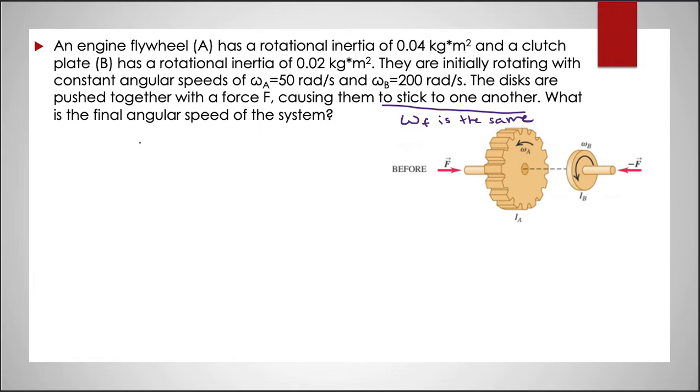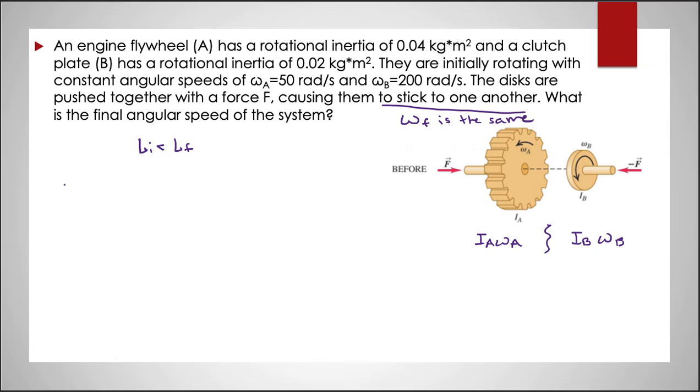Well, again, we can apply what we know, Li equals Lf. So you got to ask yourself, before, how many angular momentums do we have? Well, we have the angular momentum of A, which is just IA omega A, and the angular momentum of B, which is IB omega B. And they're spinning the same direction.